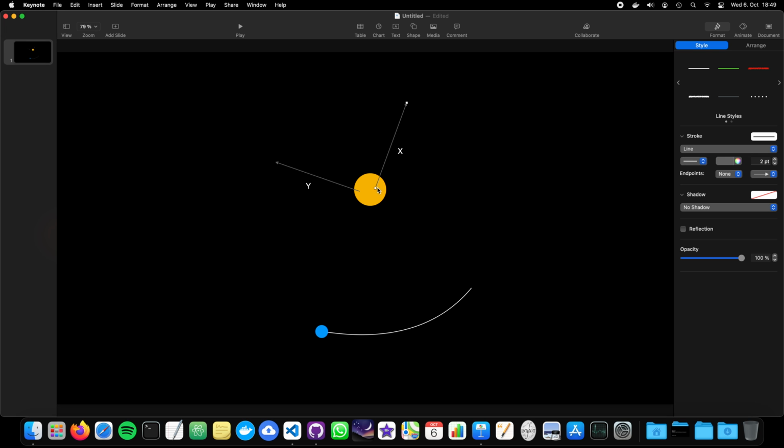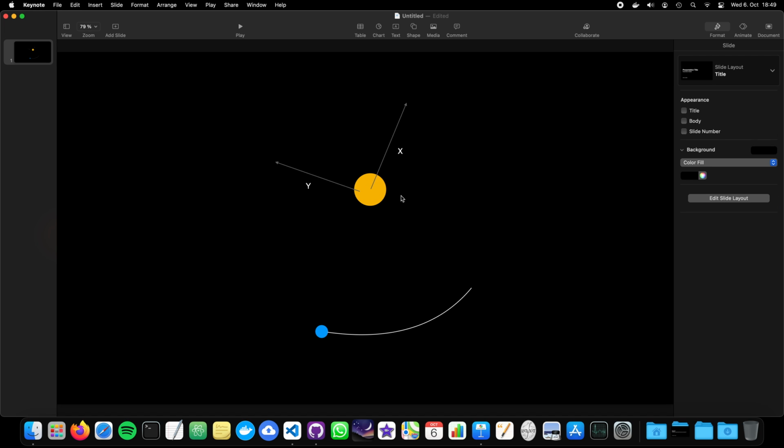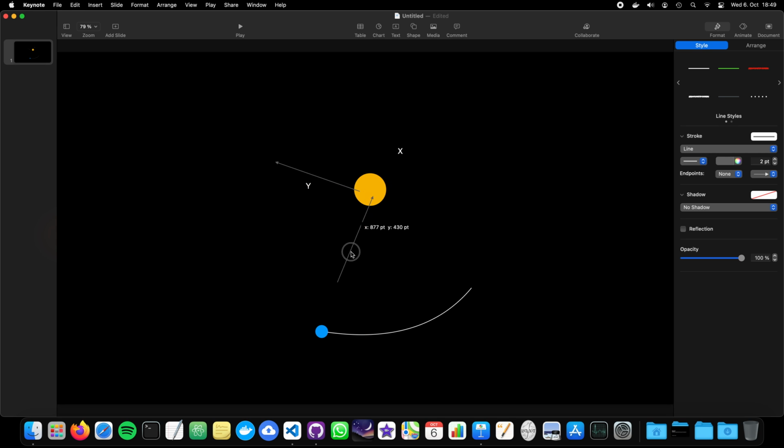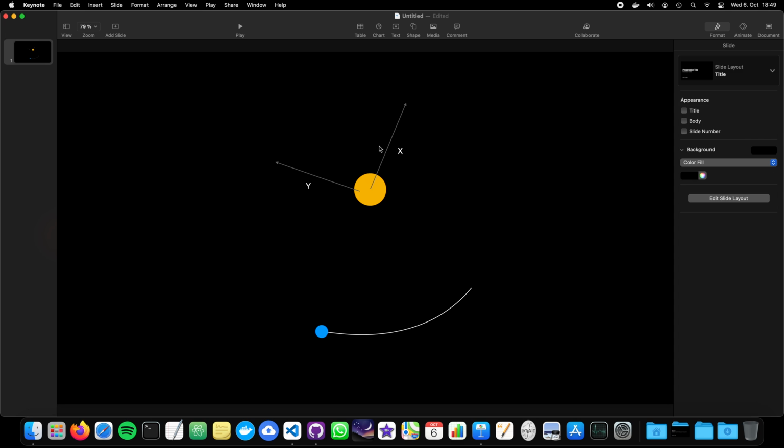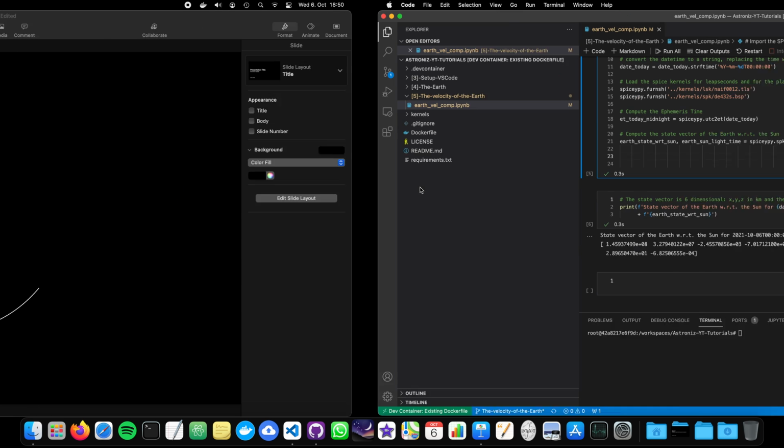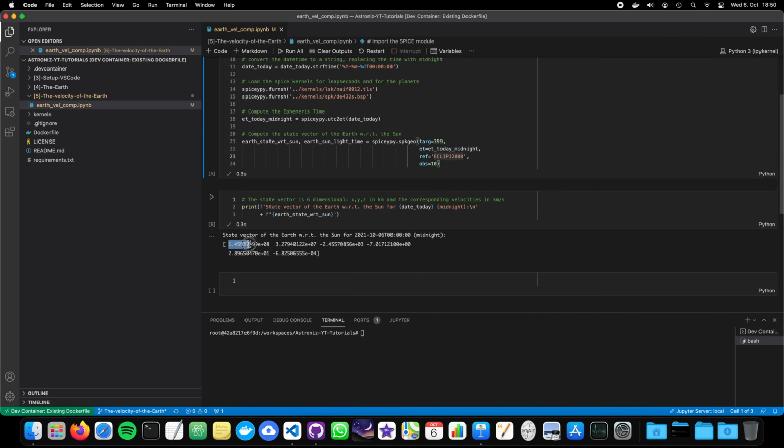Keep in mind that this is the direction from the Earth to the sun at the beginning of spring, and that this coordinate system looks like this. It's not revolving or something. And that's basically it. So these are the coordinates.